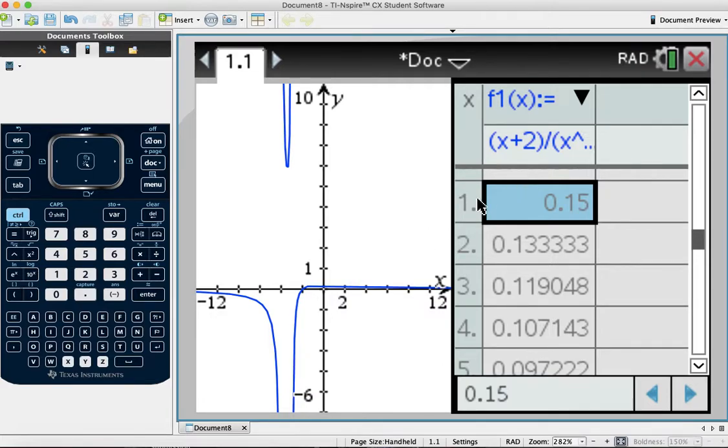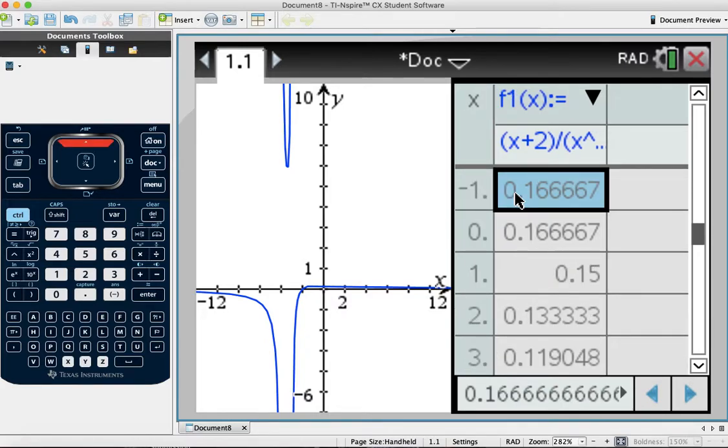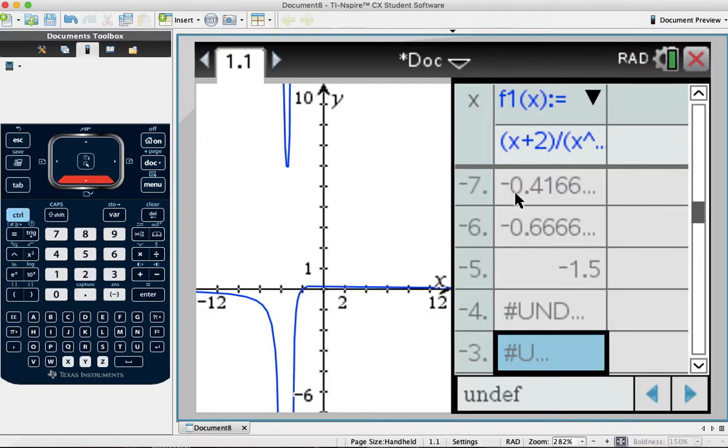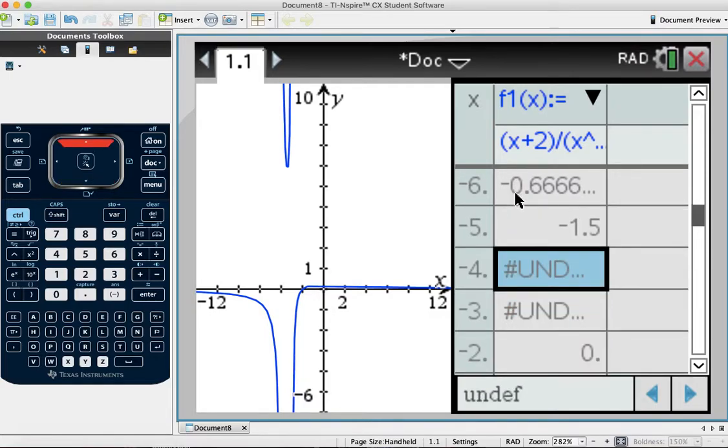Now this is going to show you all of the x values with the corresponding y values. So when x is 1, then y is obviously 0.15, which is going to be around there. Now you can scroll up and down this, and the things that should be jumping out at you are these 2 here.